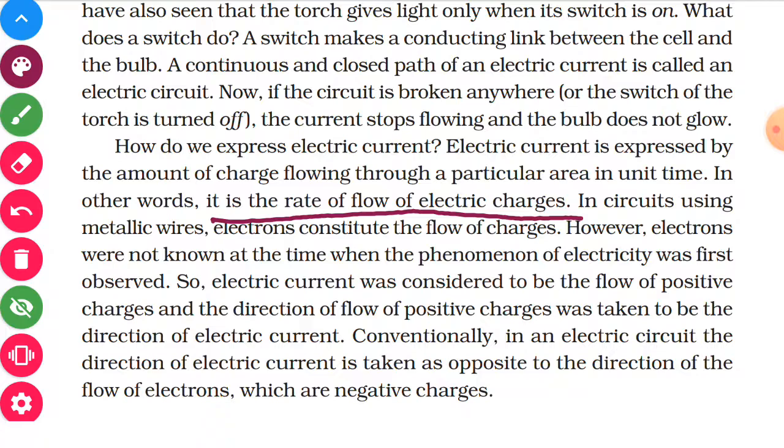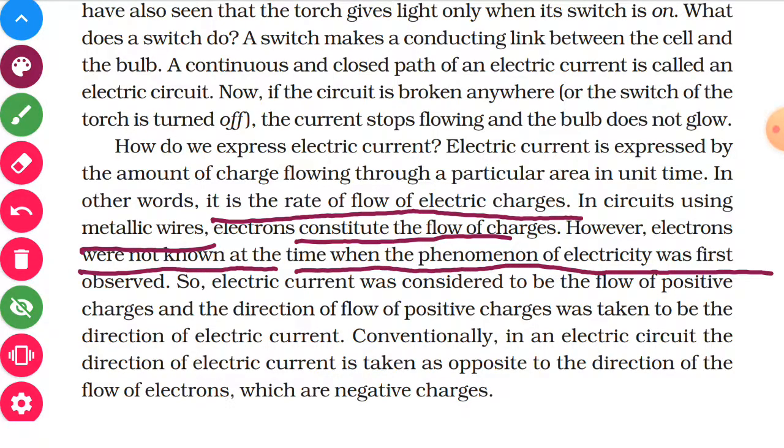In circuits using metallic wires, electrons constitute the flow of charges. As you know, the flow of charges is nothing but the flow of electrons. However, electrons were not known at the time when the phenomena of electricity was first discovered.